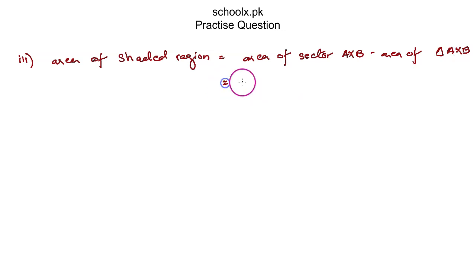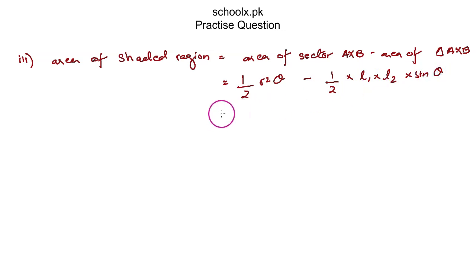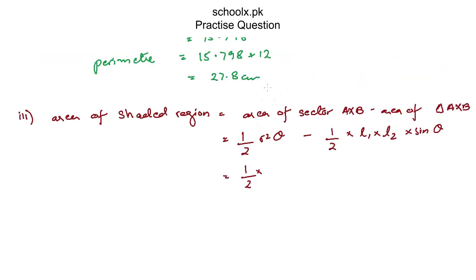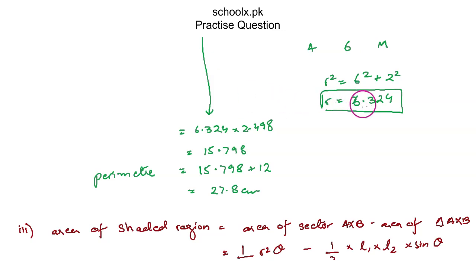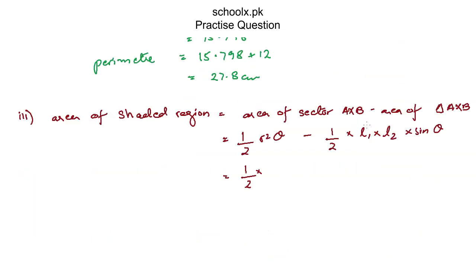The area of sector AXB is half r squared theta, and for the area of triangle AXB, I'll use the formula half into side 1 of the triangle into side 2 of the triangle into sine of the angle between them. We know r was AX, and we found AX in the previous part. It is 6.324, which is the radius.